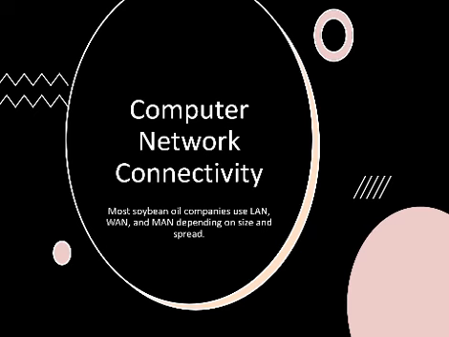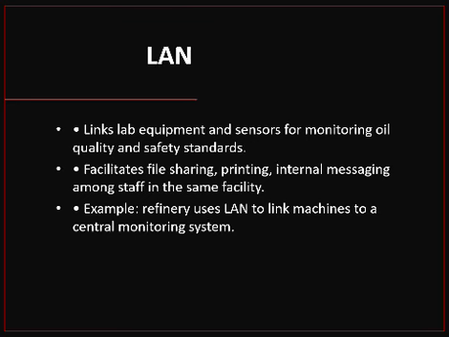Now the computer network connectivity. We know the LAN, the local area network. This helps to link equipment and sensors for monitoring oil quality and safety standards. It facilitates file sharing, printing, and internal messaging among staff in the same facility.